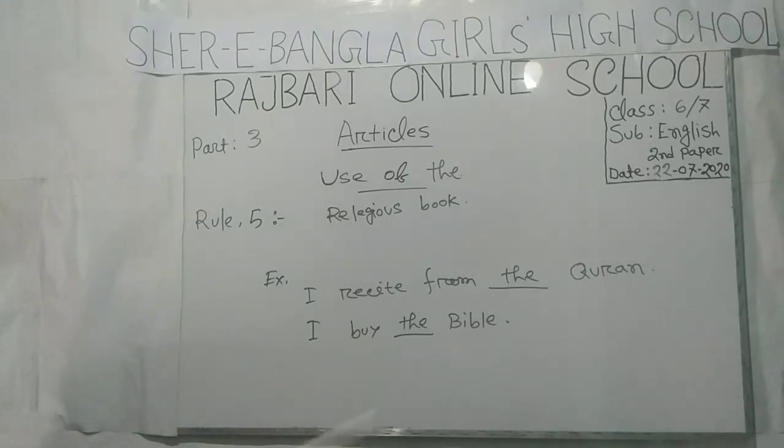My dear students, I hope you have understood these topics, that is the rule on religious books: Quran, Bible, Gita. Such types of words you can see in your question paper. Before the word you have to use the article "the".